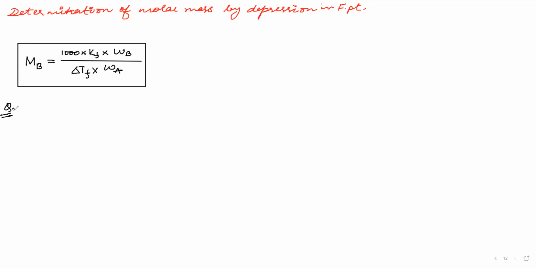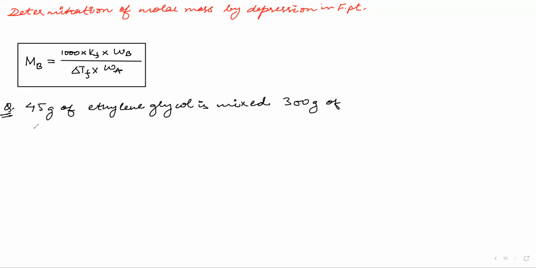We want to know the KF. 45 grams of ethylene glycol is mixed in, just take 300 grams of water. You have to calculate.